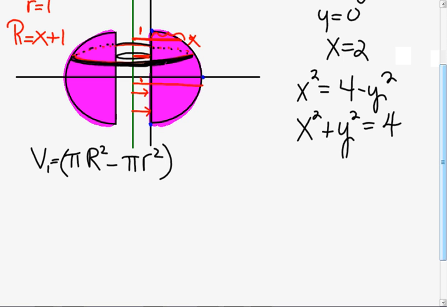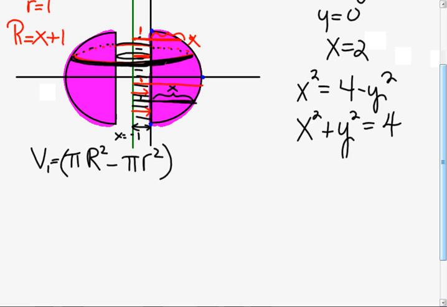Big R is the length from here to this curve. This is the x coordinate. Because this distance, this was x equals negative 1. This distance is 1 unit, always, isn't it? From here to here. That's that core that you threw out.